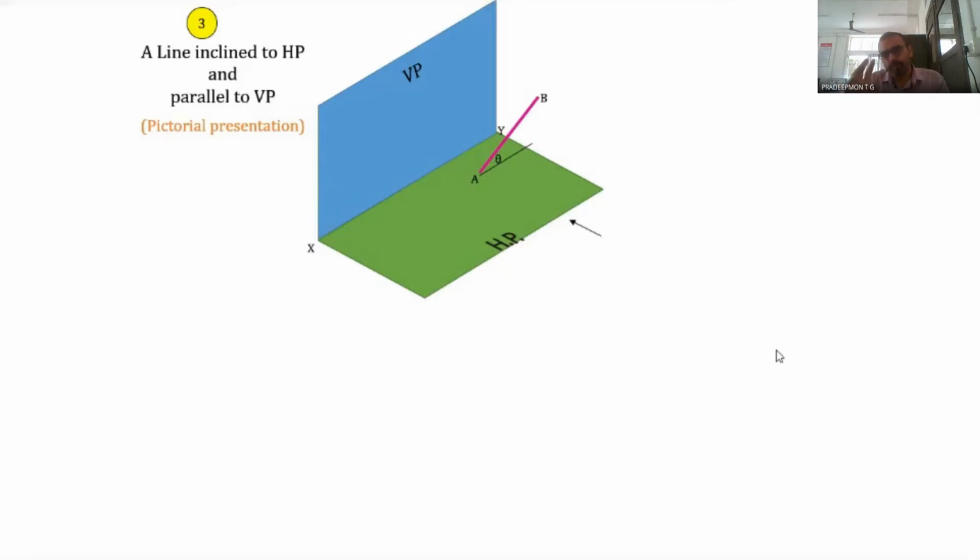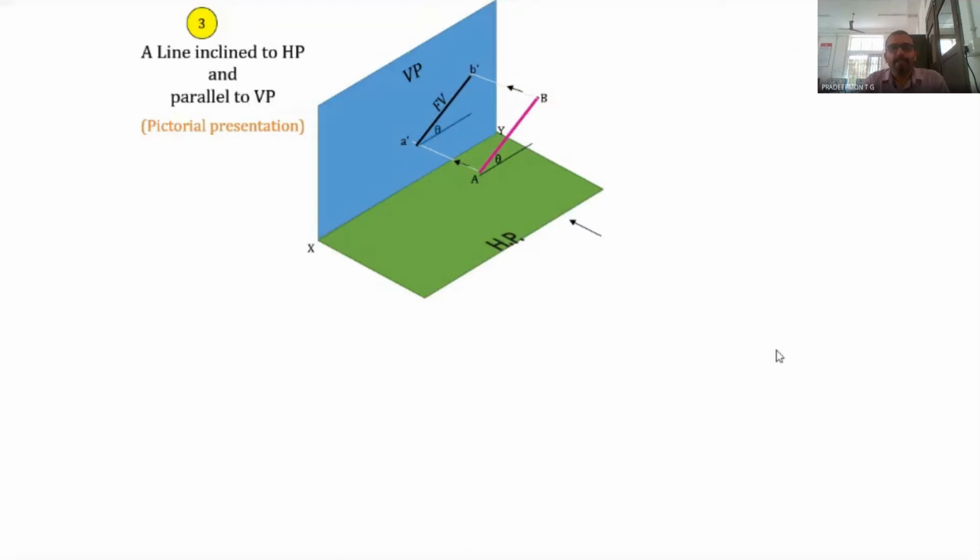When the observer looks from the front, in order to get the front view, the points are projected to the vertical plane, and we obtain the front view by joining the endpoints of the projection, that is A dash as well as B dash. So this is A dash B dash, the front view.